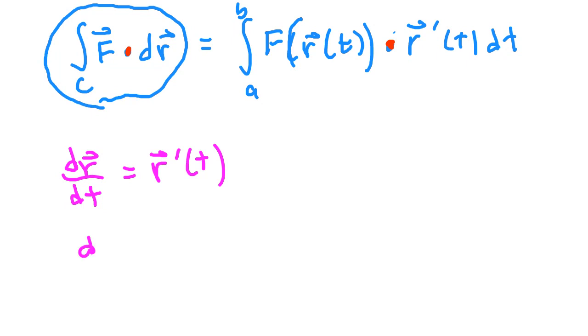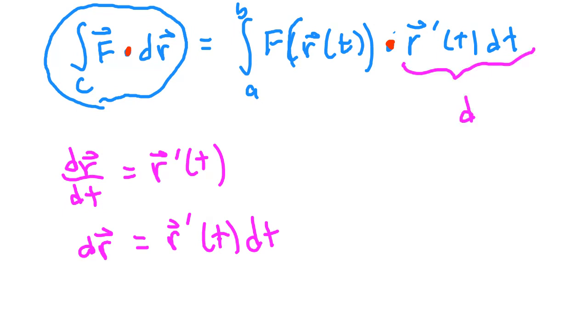So therefore, dr, that differential vector, equals r prime of t dt. So r prime of t dt can be denoted by dr, and the vector field f with input r of t, we can just write it as f. So there you go.